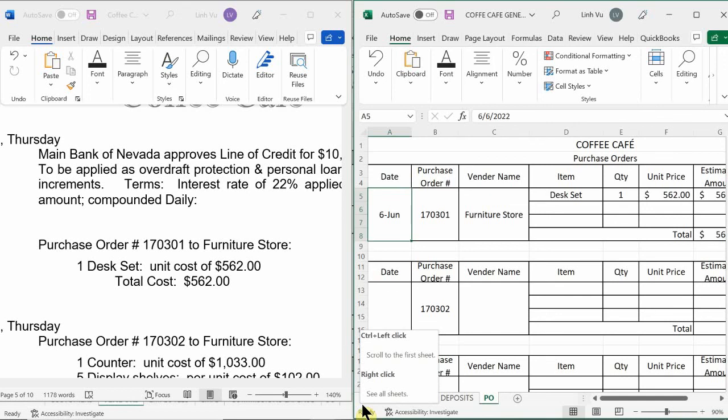And then when you receive your purchase order, that's when you put the date received and the invoice number. Correct. And then you can record it in your journal. Correct. I mean, ledger. Journal. Correct. Journal.